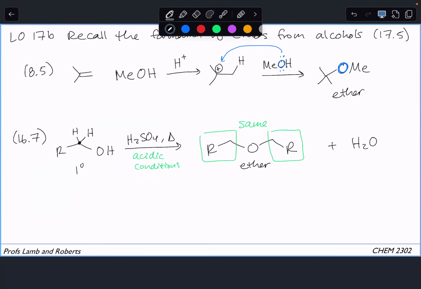So we talked about how the limitations of this reaction were that it only works for primary alcohols. Because remember, if you use secondary or tertiary, it wants to do E1 elimination instead, right? So this only works for primary alcohols. And it only works for symmetrical ethers.